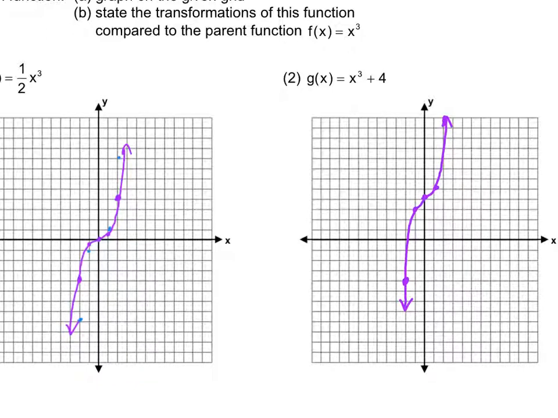If you're just looking at the parent function, y equals x cubed, how hard is it to cube a few values? 0 cubed is 0, 1 cubed is 1, negative 1 cubed is negative 1, 2 cubed is 8, negative 2 cubed is negative 8. After that, you stop caring because it gets a little out of hand. 3 cubed is 27, that's off the grid, so we would disregard it anyway. Same thing with the power of 2. I don't need a calculator for that.